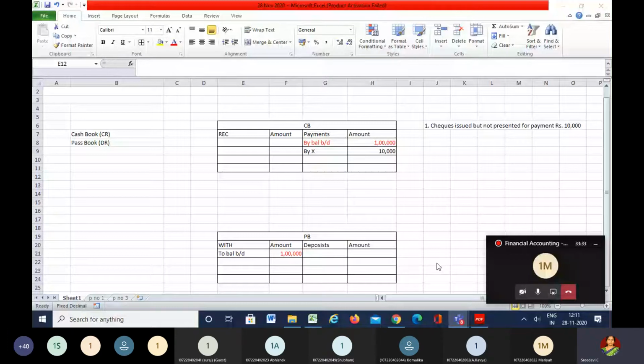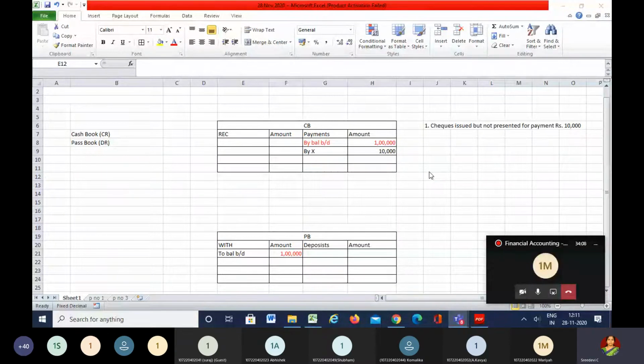Yes, ma'am. So, checks issued but not presented for payment, rupees 10,000. If it is an ordinary balance I'm talking about, the balance decreases in the cash book. Now here we are talking about an overdraft balance. Overdraft balance means 1 lakh is already there, which we are supposed to pay to the banker, and on top of that we have issued another check of rupees 10,000.